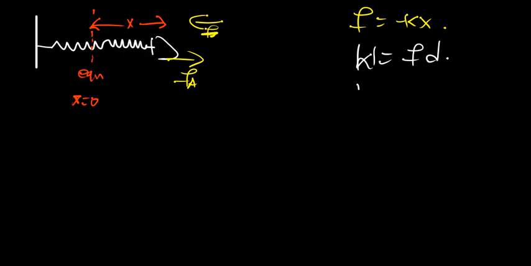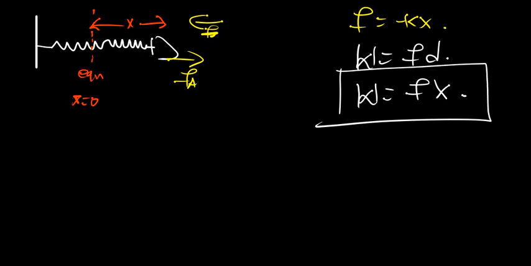So work is equal to the force times x. Now, when we are talking about Hooke's law, the work done by the spring, to find the formula we use the calculus method.